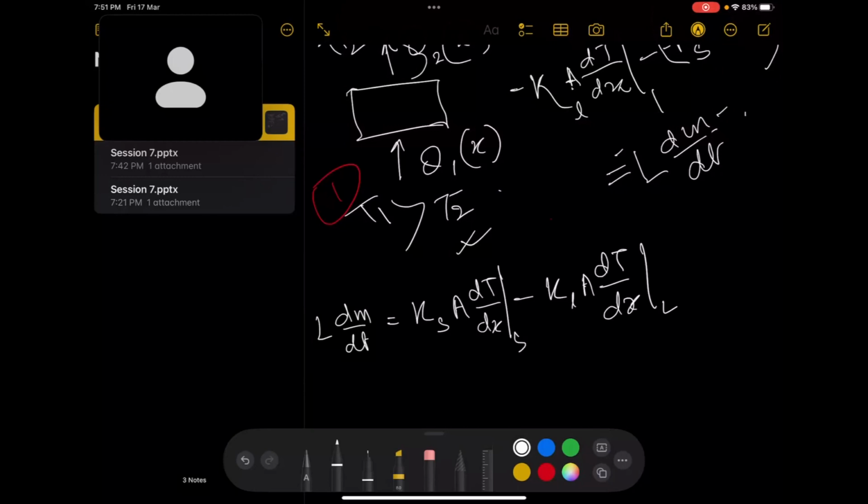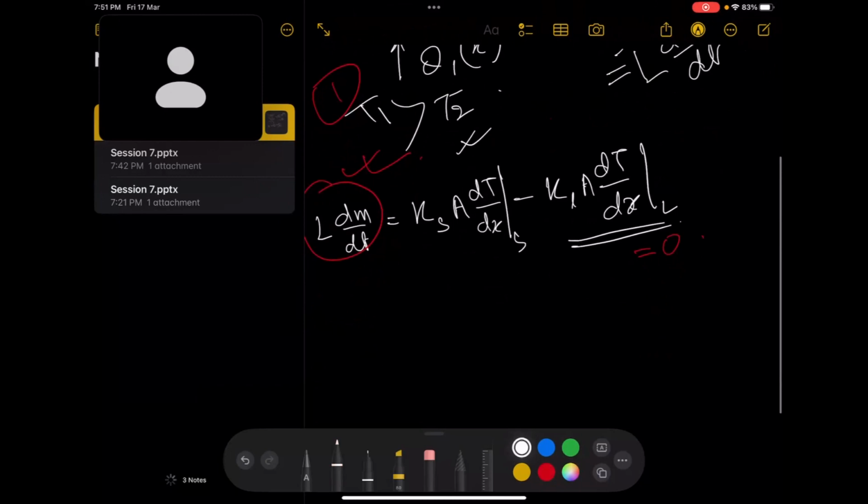So when does this L dm/dt become maximum? This becomes maximum, of course, when the RHS becomes zero, isn't it? So considering that, what you have is your maximum V.